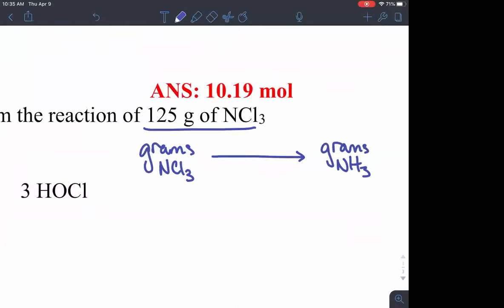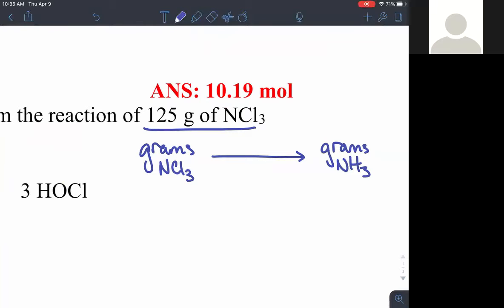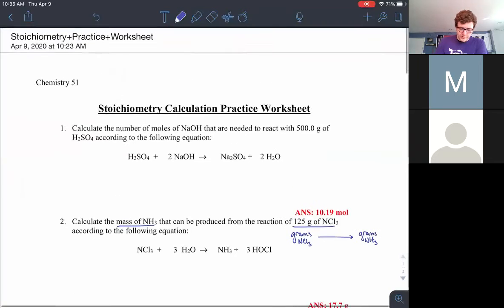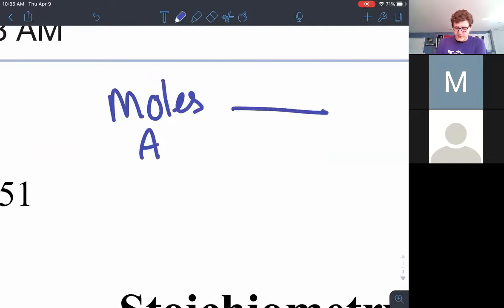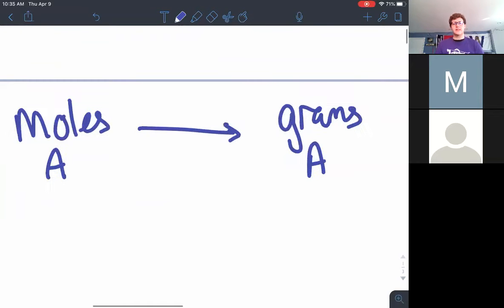Now, do you remember the 2 conversion factors that we've talked about so far? All right, so I'm gonna write them way up here. We talked about going from moles to grams of the same compound.